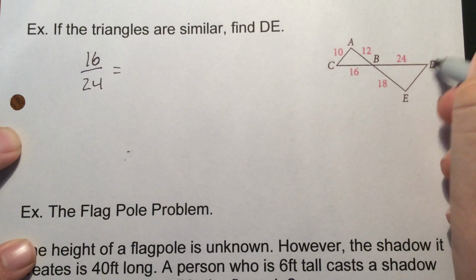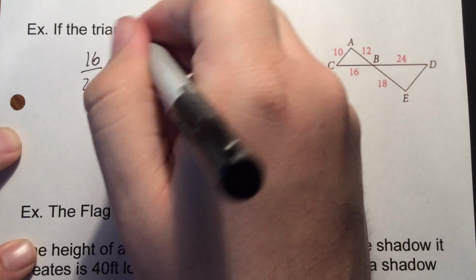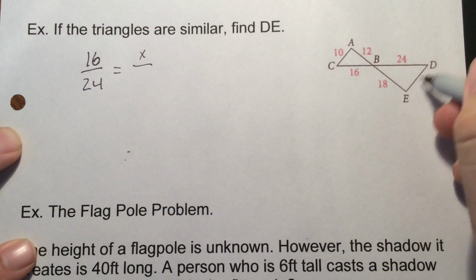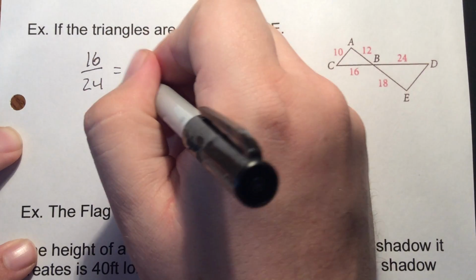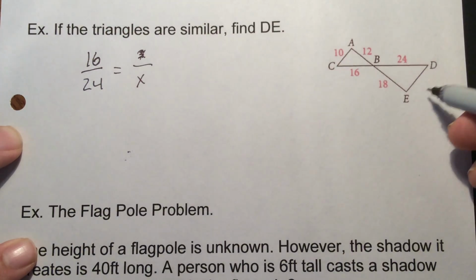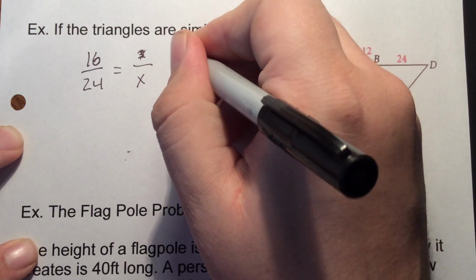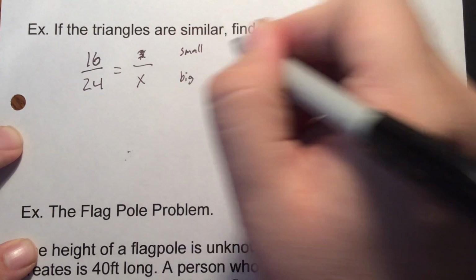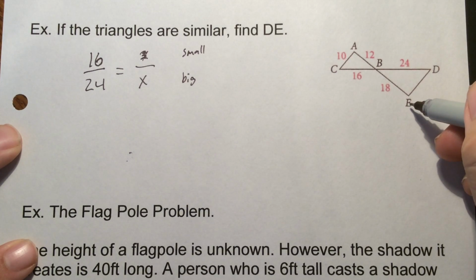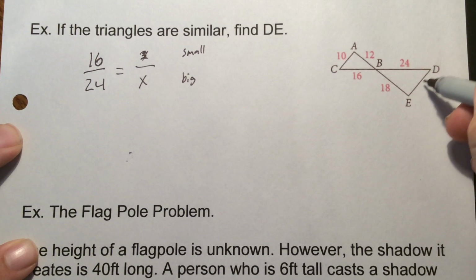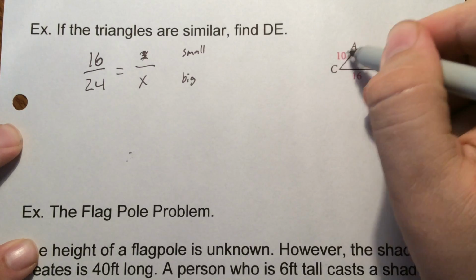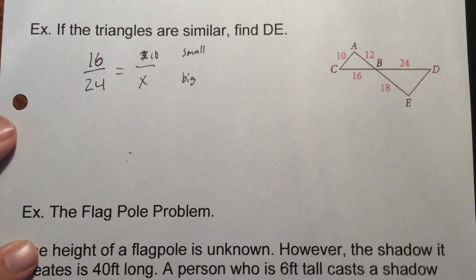So we're missing DE. So DE would match up, and this should be on the bottom. DE's on the bigger triangle, so think bigger's on the bottom, smaller triangle on the top. So DE's the bigger side, we don't know. AC is what it would match with, which would be 10 on that other side.